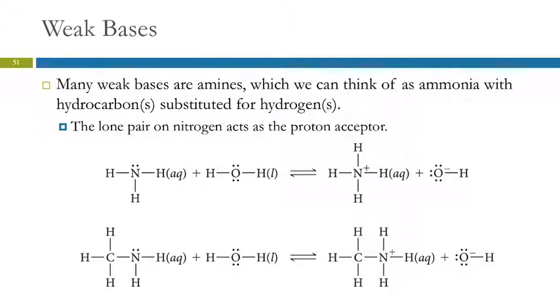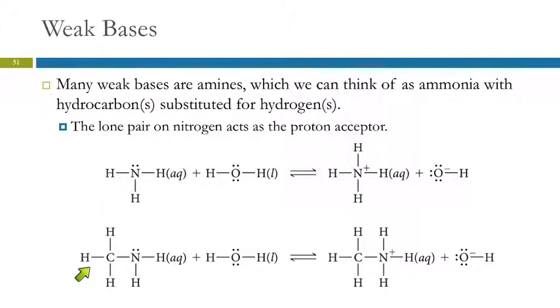A lot of the weak bases are amines. Those are organic compounds, but we can think of them, without getting into OChem, as ammonia with things substituted in for the hydrogens. Here you have ammonia, NH3. This is an amine where we have this methyl group, a carbon with hydrogens on it, substituted in for this hydrogen.